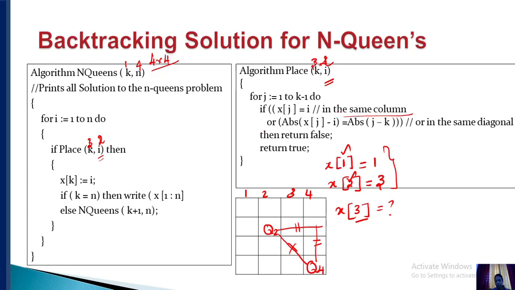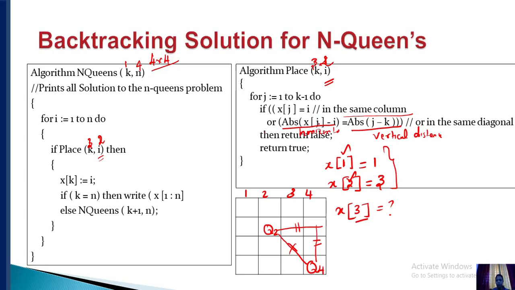This condition checks the horizontal distance, and this condition will check the vertical distance. If both the horizontal and vertical distances are the same, then I know that they are diagonally placed, so we cannot place it in that particular position.